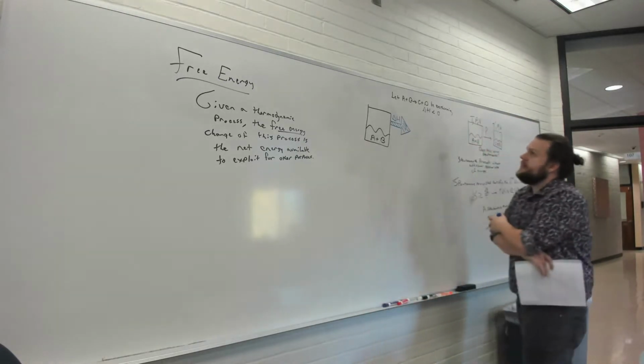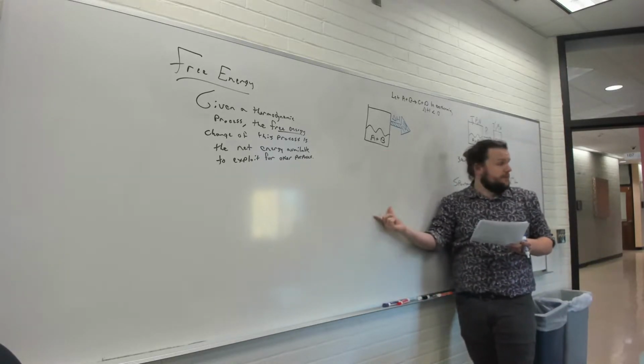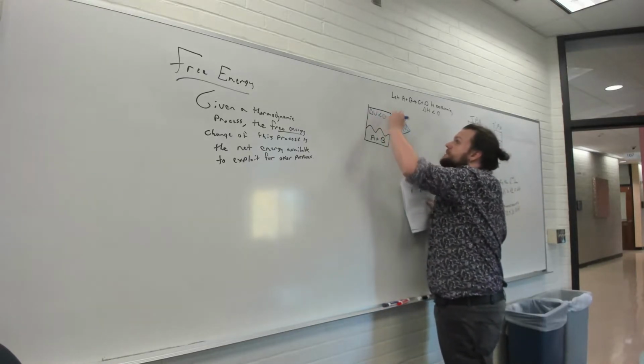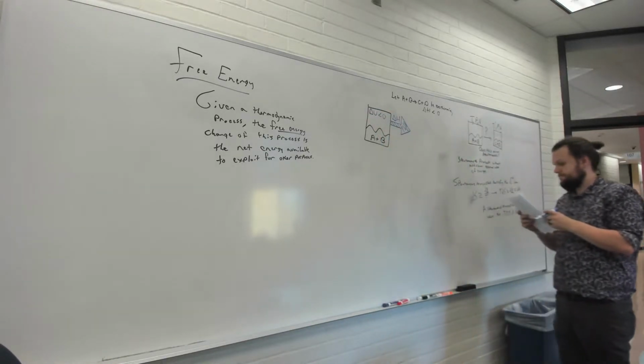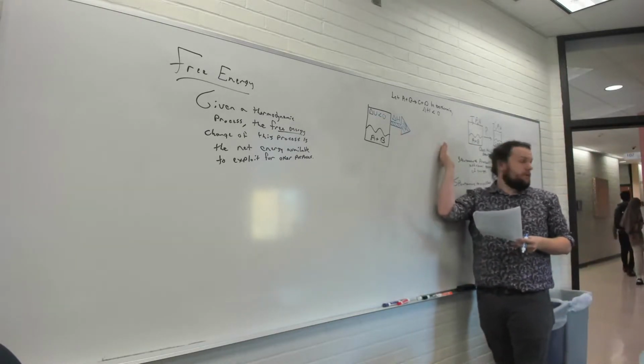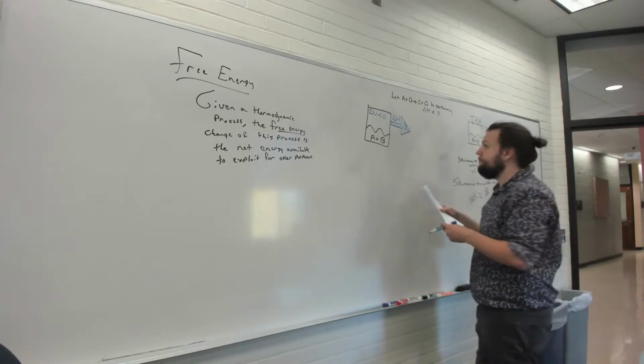Now that means then that the amount of energy inside the box is decreasing because it's releasing energy. So delta U inside the box decreases. Right? There's heat being released to the outside environment.